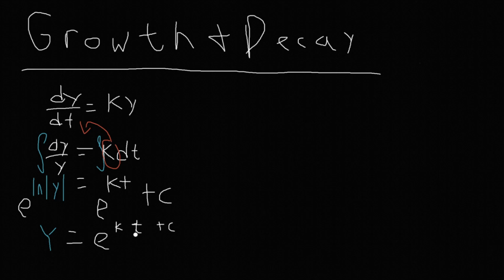And so we don't like these plus c's being in the exponent because it looks weird and it's kind of easy to screw it up if you're just doing the math. So with exponent rules, we know that e to the kt plus c is going to be equal to e to the kt times e to the c.